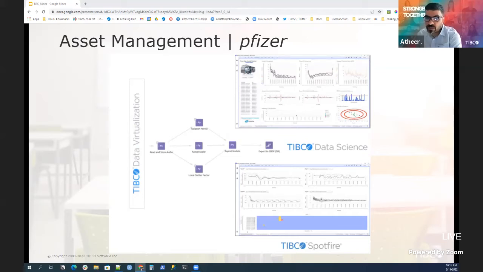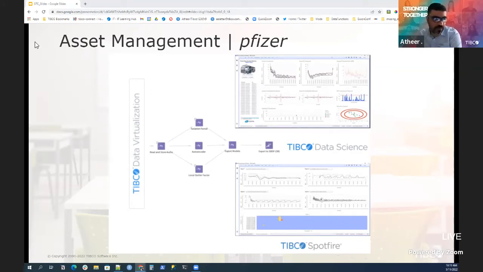Several sources of data were used, and all these sources come to a virtual layer of data using TIBCO data virtualization, and then after that they are consumed by TIBCO data science, which makes the procedure of connecting to these different data sources a very straightforward process.